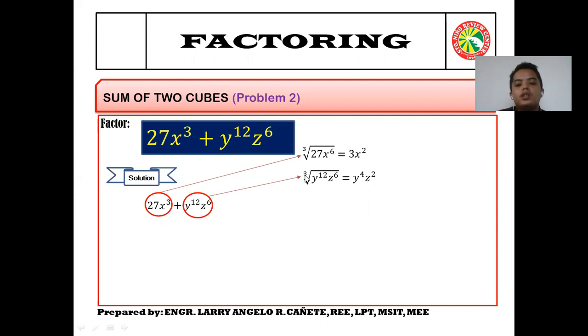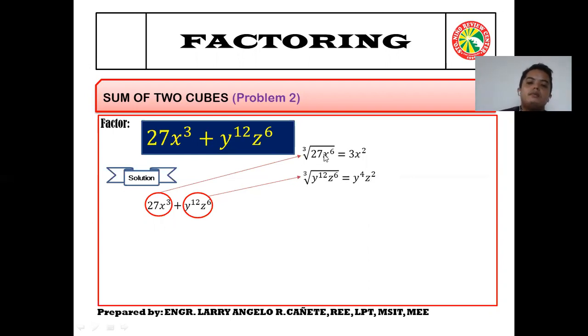So if this is a cube root, make it so that this 12 can be divided by 3. So 12 divided by 3 is 4. Same with 6. 6 divided by 3 is 2, squared. That is how to operate the cube root. So if the exponent is divisible by 3, then that is the cube root.